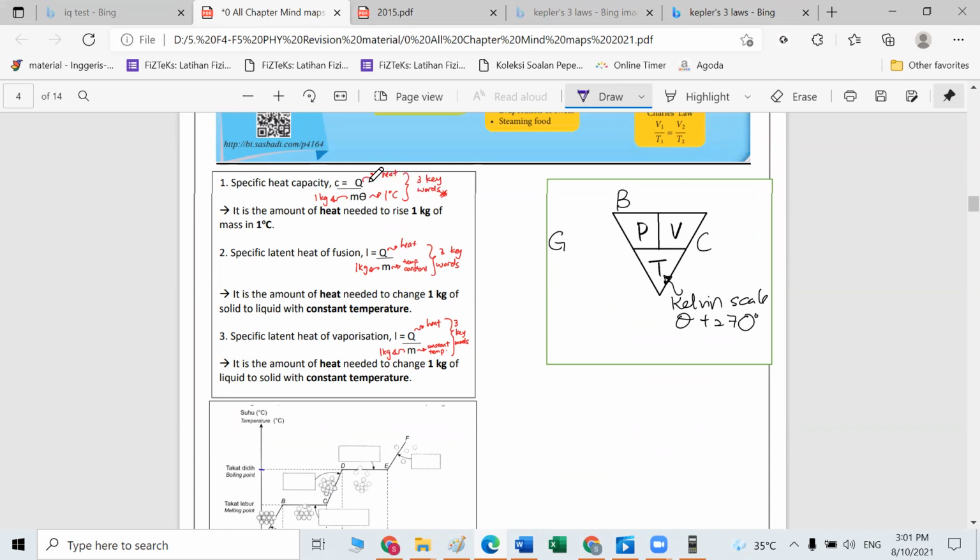So the three keywords are heat needed, 1 kg, 1 degree Celsius. Definition: the amount of heat needed to raise 1 kg of mass by 1 degree Celsius. Ming Hong, get it? The three keywords here.